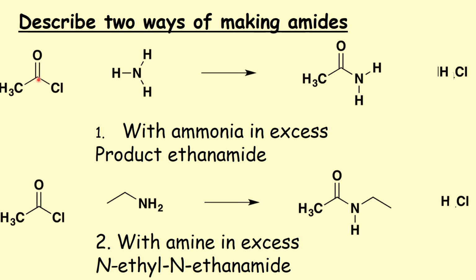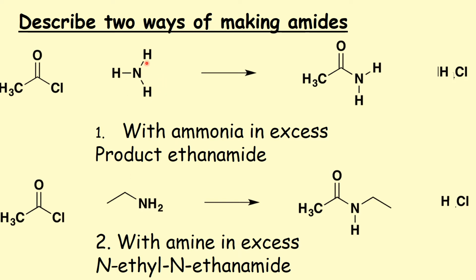So a dative bond will form between the nitrogen of ammonia and the carbon delta plus to make the amide. So amides can be made by the reaction of ammonia with an acyl chloride very quickly. Chlorine is a very good leaving group, so it's a nucleophilic substitution reaction. That's a good word to use in this. I haven't got it on this slide, but it does do nucleophilic substitution reactions to make amides.